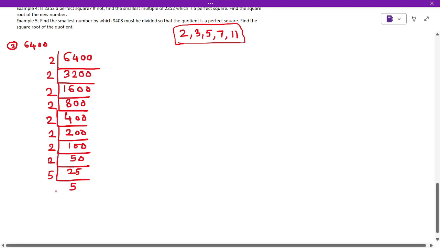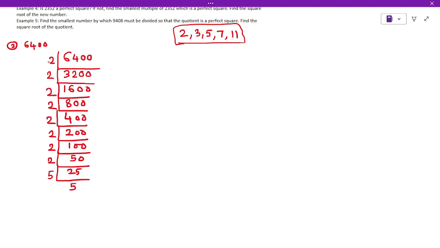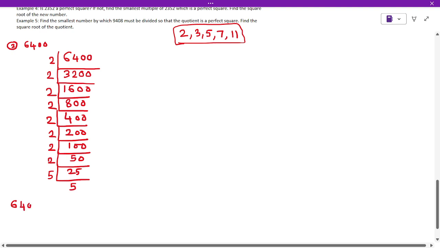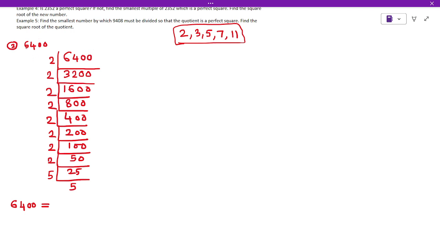We are done, right? We have written the given number in terms of all the prime numbers. So let me write down here, 6400 is equal to the product of all these numbers.